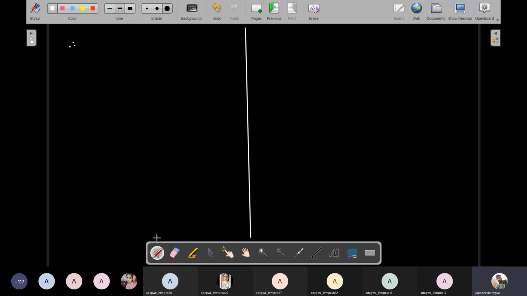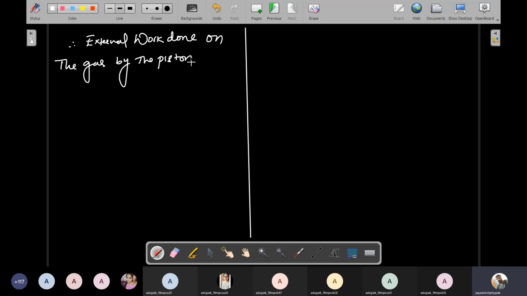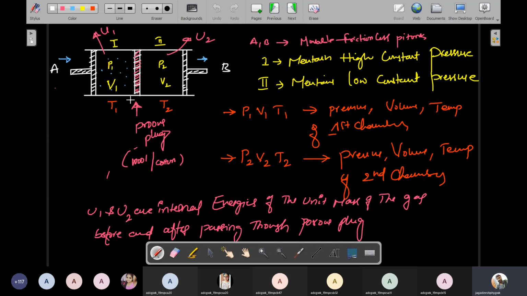Therefore, external work done on the gas by the piston A. First I want to find the external work done on the gas, because work is done on the gas.